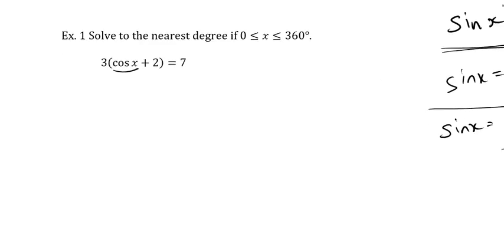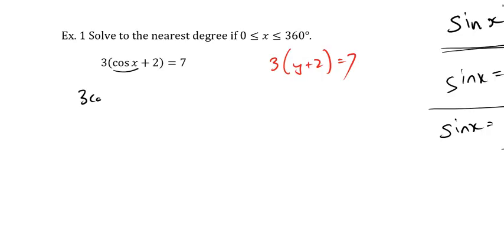So if cos x is like our variable that we're trying to isolate, in this case we're going to have some extra steps. How would you do this if it was, let's say, 3 times y plus 2 equals 7? I would distribute the 3 through.